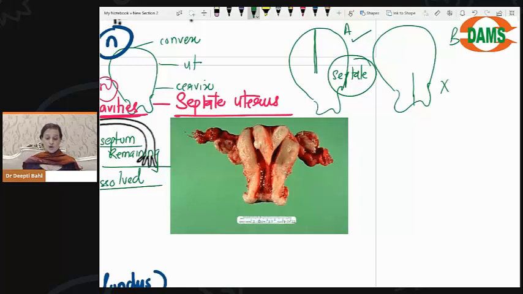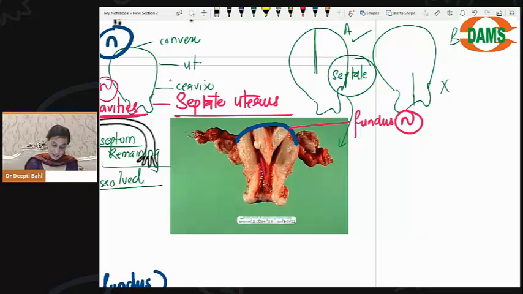Now look at the gross image. What I have done is shown the same uterus, but I have cut open the cavity of the uterus. And when I cut it open, this is what you see. The external contour of this uterus was normal, so the fundus is normal, but we are seeing two cavities.